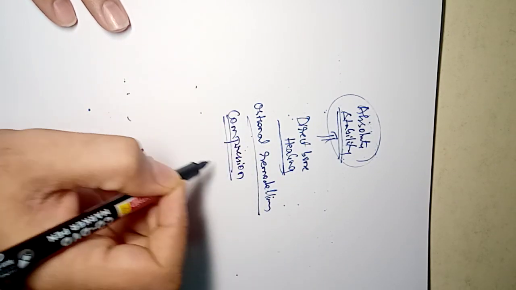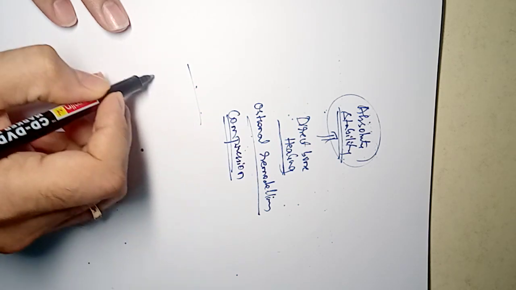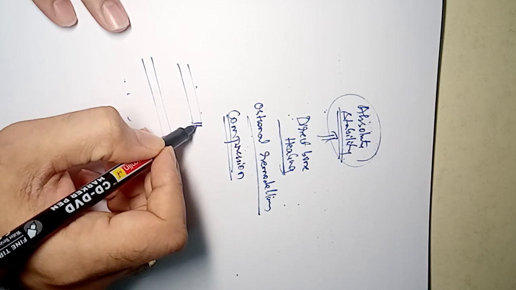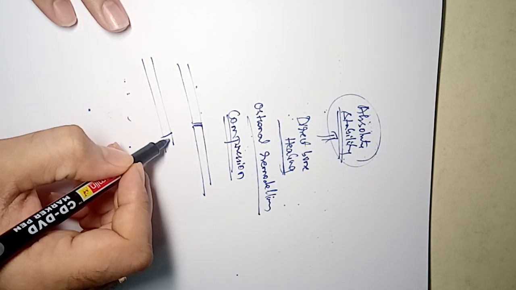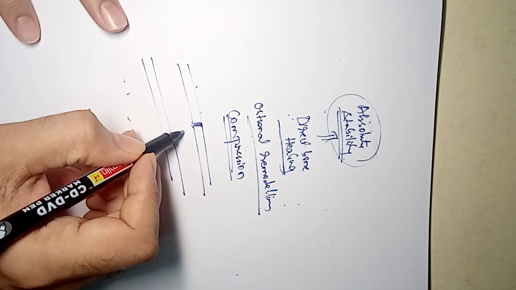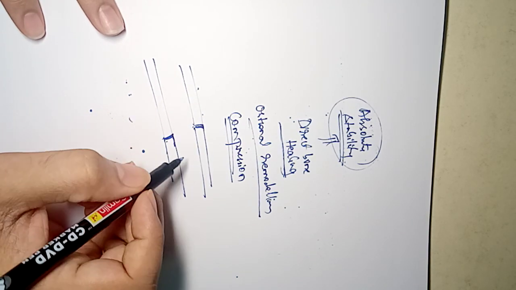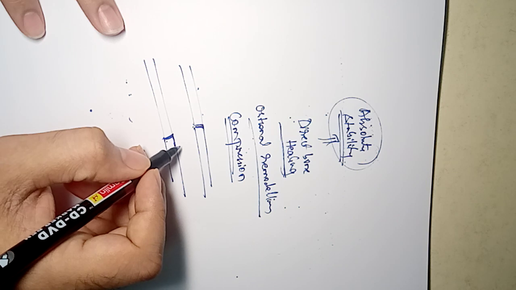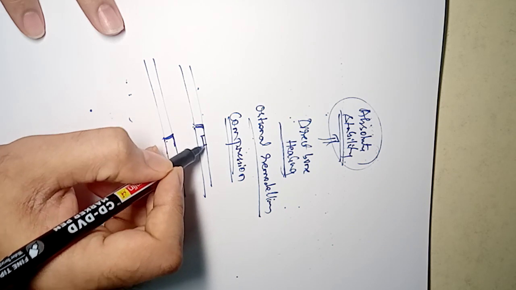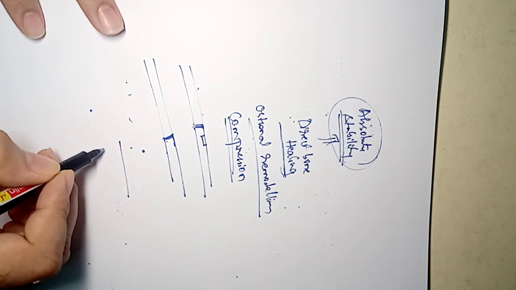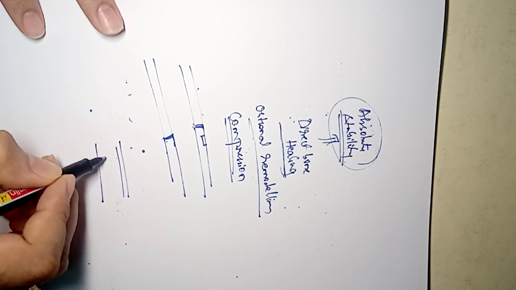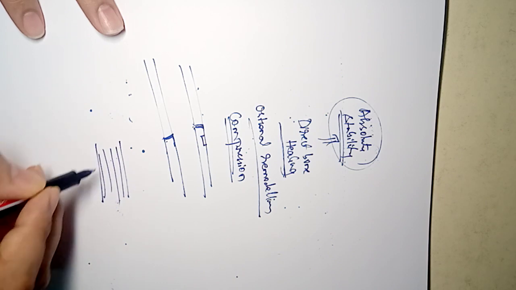Most of the gap is obliterated by the compression. At this point of time, if you take a small part here, of course there is a Haversian system there with the collagen fibers.